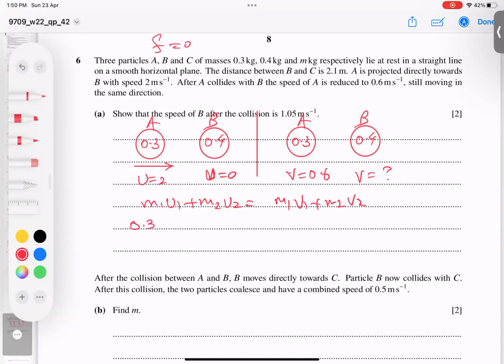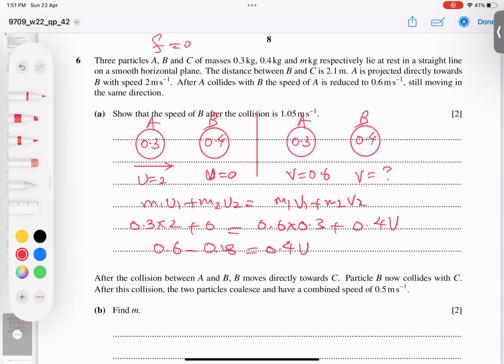So 0.3 times 2, and here 0 because 0 times something is 0, equals 0.6 times 0.3, and here 0.4 times v. So what happens? 0.6 times 0.3 becomes 0.18, and 0.4v.